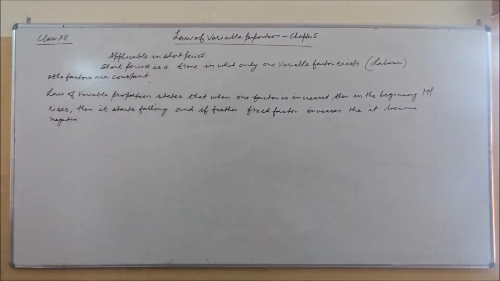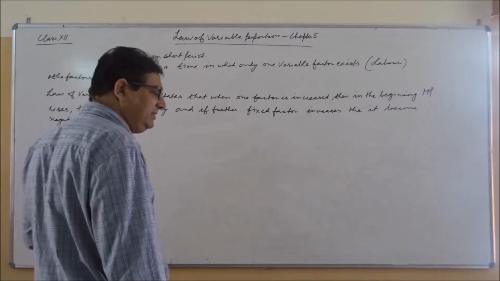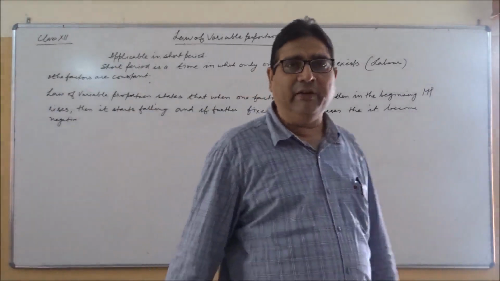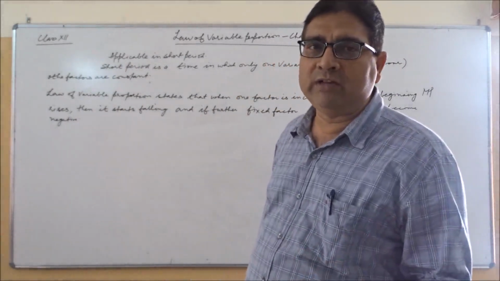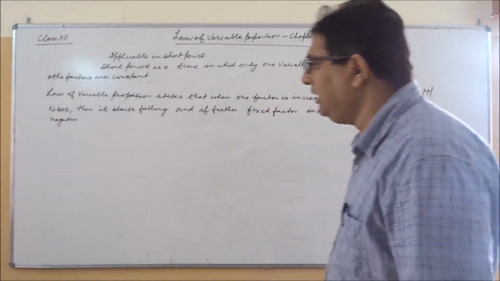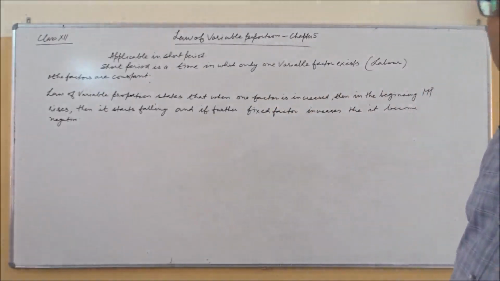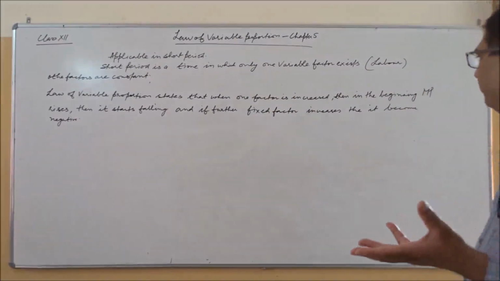Right. So when one variable factor is increased in combination with fixed factors, then in the beginning MP increases. Then further, the fixed factor remains constant and the variable factor increases more, then my dear student, output starts falling, productivity starts falling.